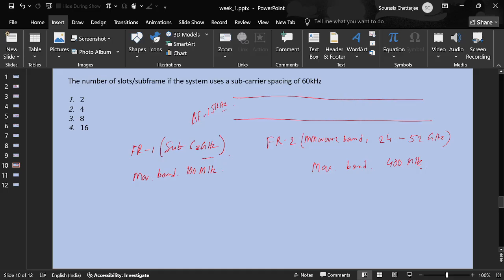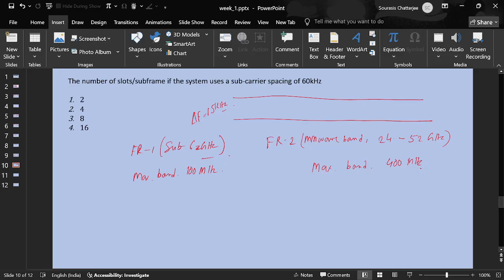If you have a higher spacing, your CP duration also reduces, right? So for FR2, is it beneficial or is it creating a problem? It's beneficial. Increase in spectral efficiency, right?